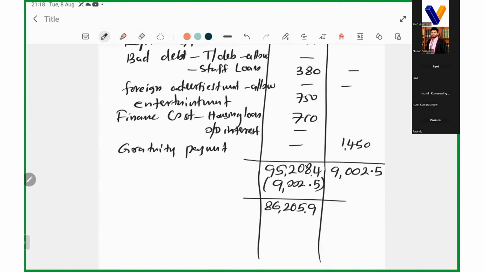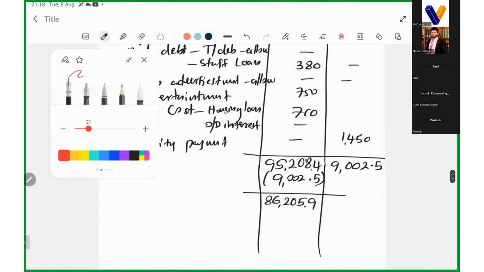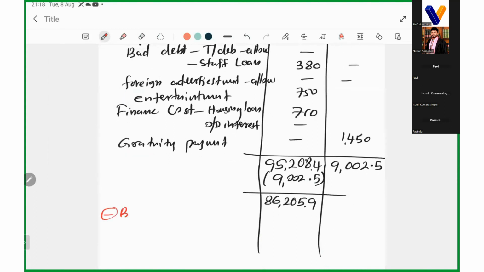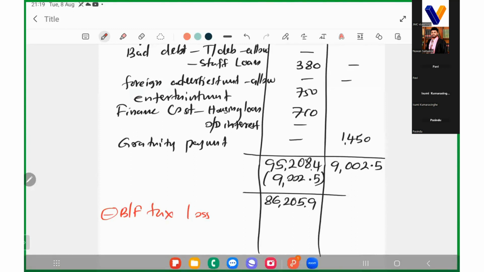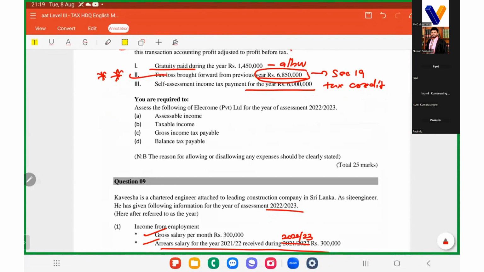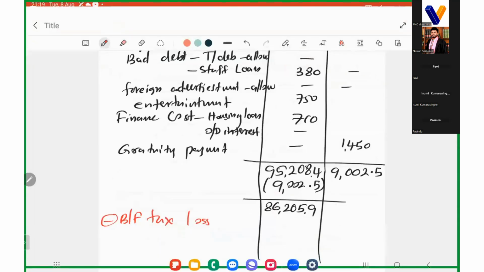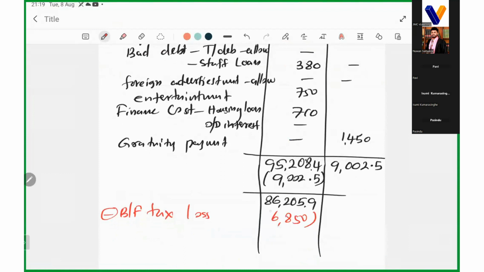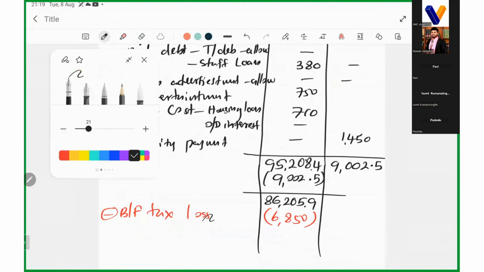Yes. So then we have to adjust section 19 here, brought forward tax loss. You can deduct any previous 6 years' brought forward unrecovered tax loss. How much is the given tax loss? The tax loss was 6,850. You have to check whether there is enough income to recover that 6,850. Yes, we have 86 million. So now you can deduct that.